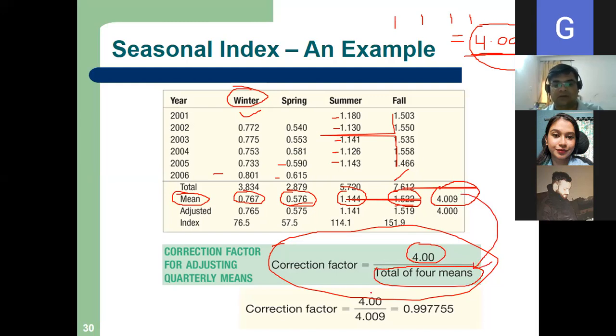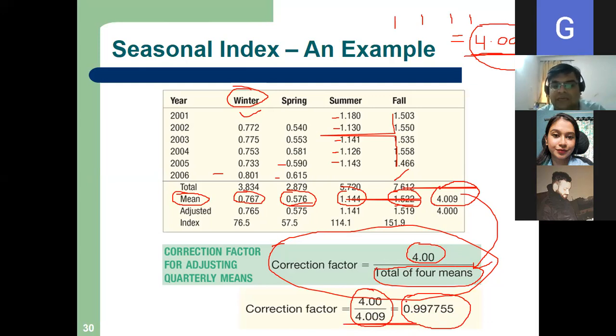So the correction factor is 4.0000 divided by 4.0009. Although it is very, very close to 1, it may be somewhat different sometimes. So it is 0.997755.